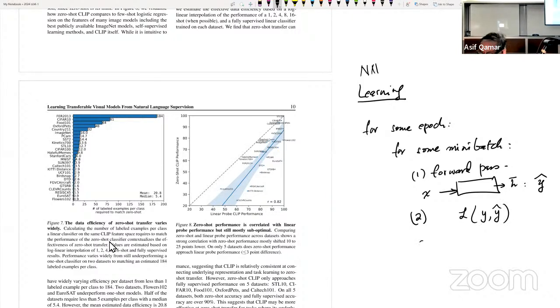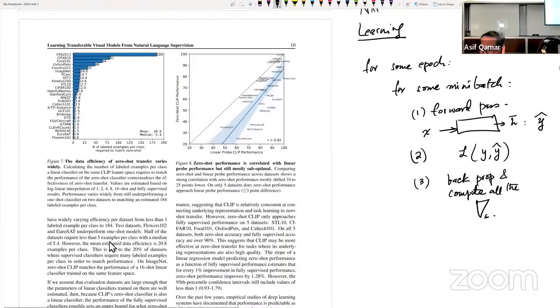The third step is backprop, and compute all the gradients for every single parameter in your system. And the fourth step is, of course, the learning step. All the weights go to the previous value of the weights minus alpha times the gradient of the loss with respect to that weight. So all of machine learning is that.